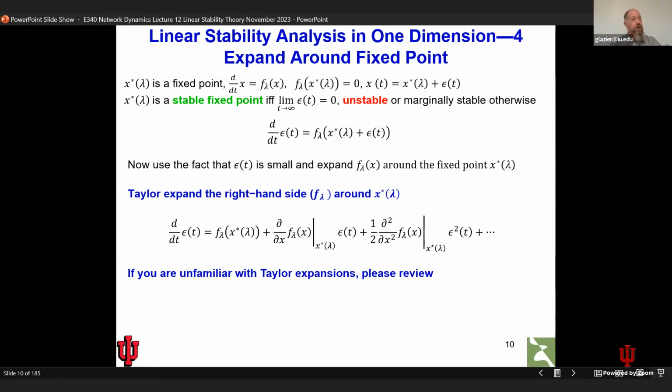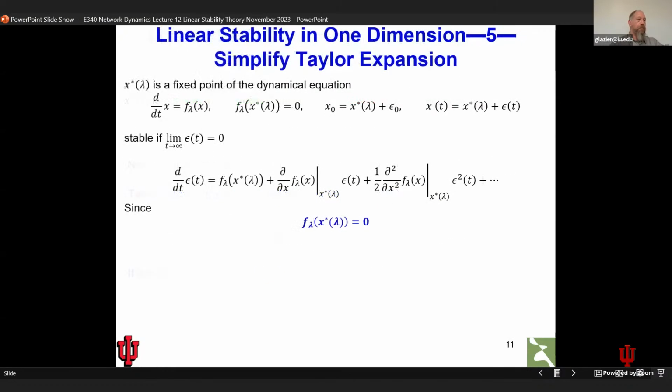The reason that we're going to call this linear stability analysis is that we're only going to look at the second term, which is the one that's linear in epsilon. Now, the first thing that we can notice is that f of x star, by definition, is 0, because we've said that x star is a fixed point of f.